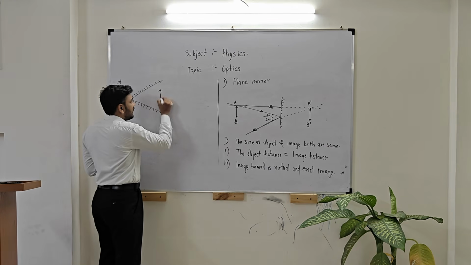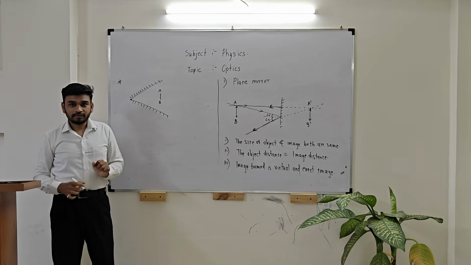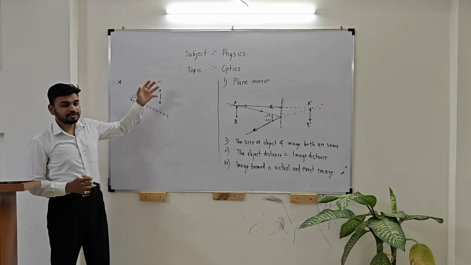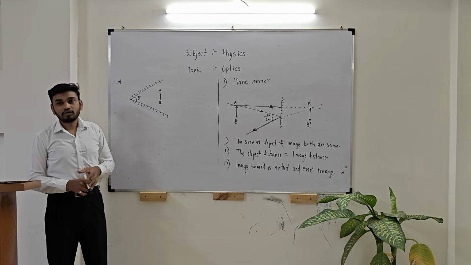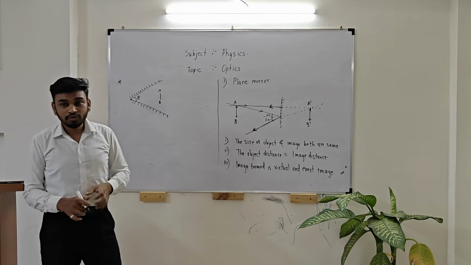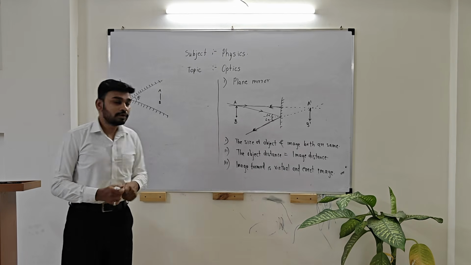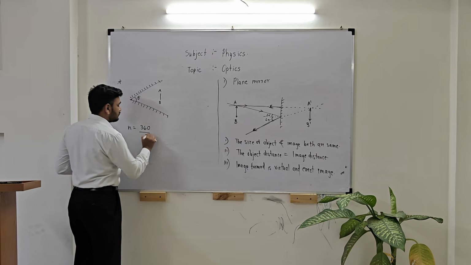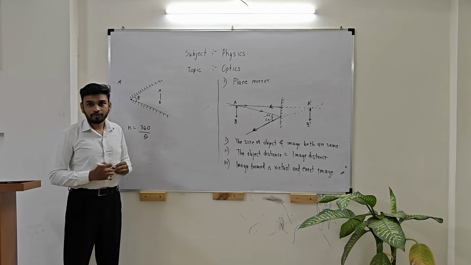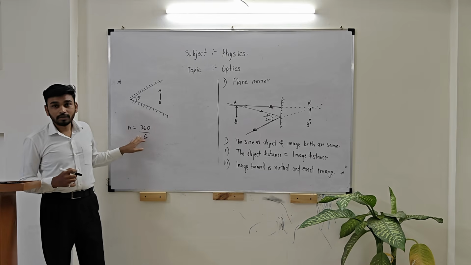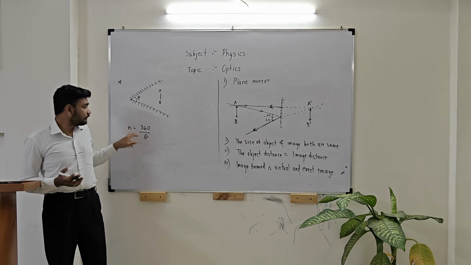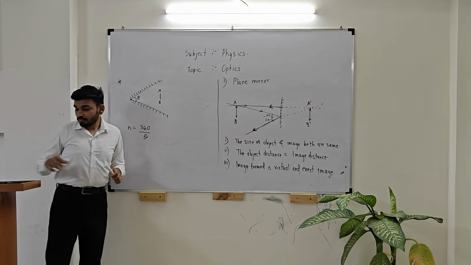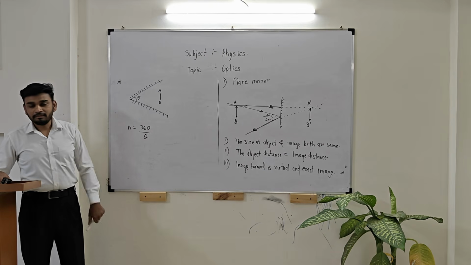If I keep the object AB between these two plane surfaces making an angle theta, how many images will be formed? This type of question they will ask you in the competitive exam. There is a formula for this. The number of images is equal to 360 upon theta. From this formula you can calculate the number of images formed in this situation. So this is one of the important topics in the plane mirror.